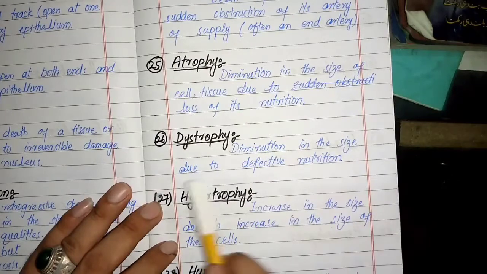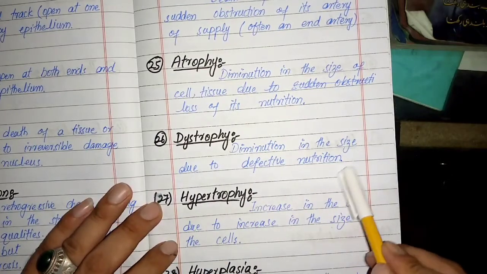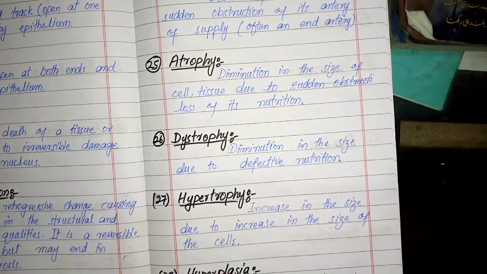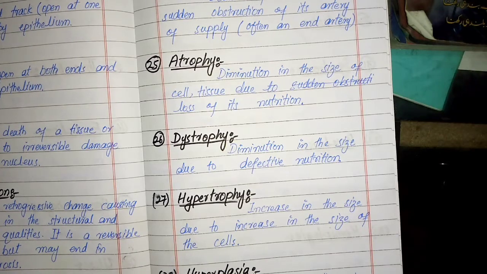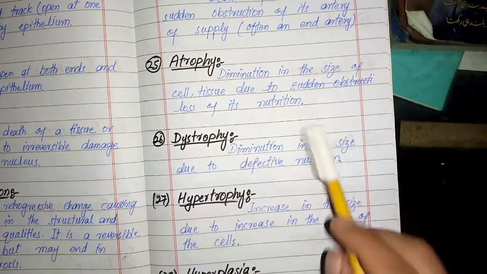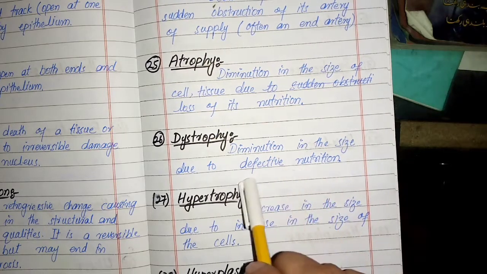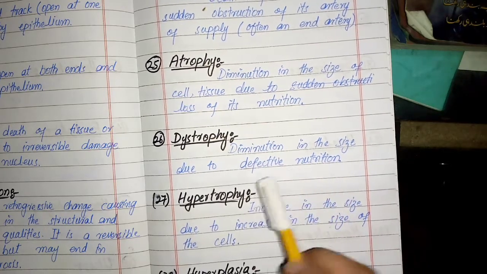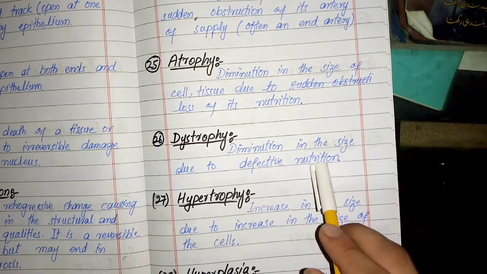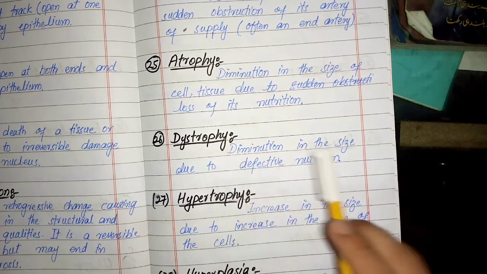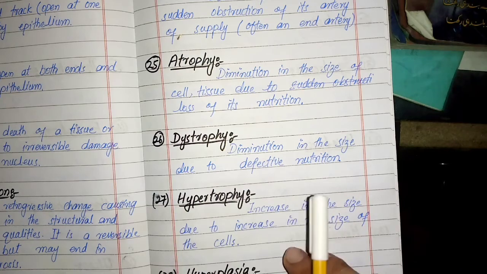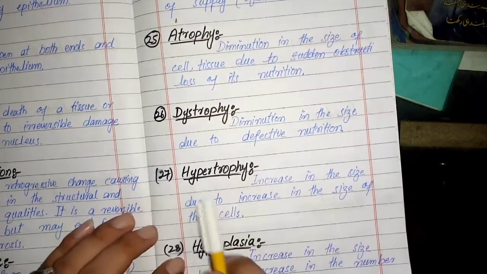Dystrophy is diminution in the size due to defective nutrition. This is also a reduction of size of the tissue or cell, but here it is not by the loss of nutrition. Here the nutrition is enough, but there are some defects or falsifications in the nutrition. That's why the reduction in the size of tissues or cells occurs.